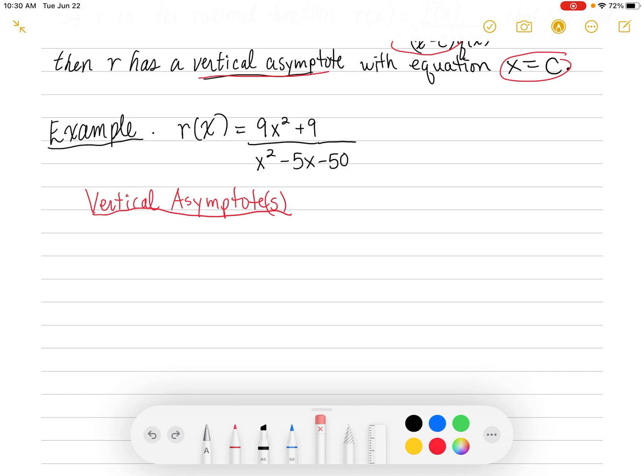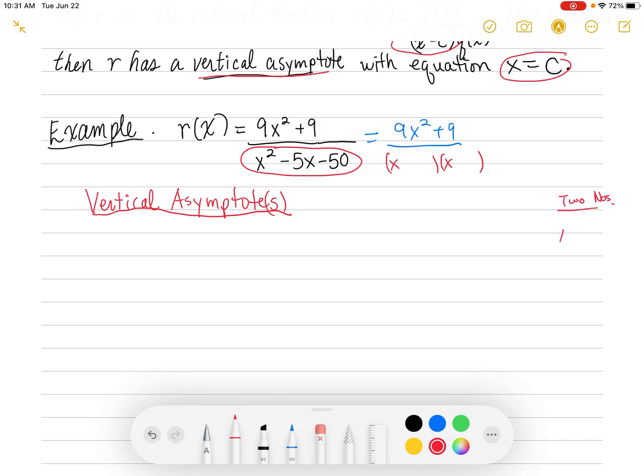Or wait, let's factor it first. I like factoring first. So I'm going to take the bottom here and we're going to factor that. On top, I'll just leave alone for now, 9x squared plus 9. I'm going to factor the bottom. So that's going to be two sets of parentheses.